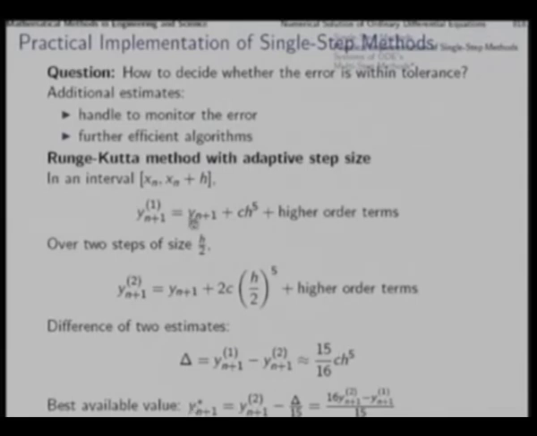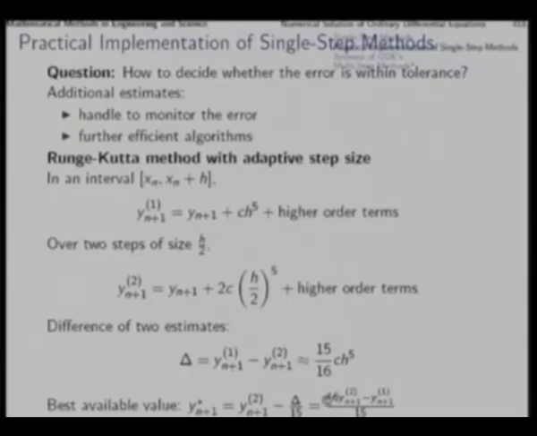In any case, between these two equations you can solve for C h to the power 5 by 16, which is the error estimate, and the true value, or the best estimate till now, that is yn plus 1. So, this is the best available value out of these two estimates. This way you get two things.